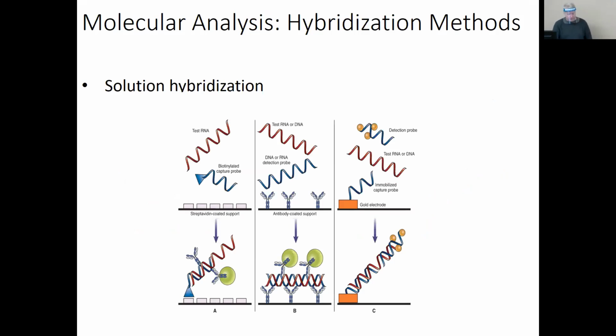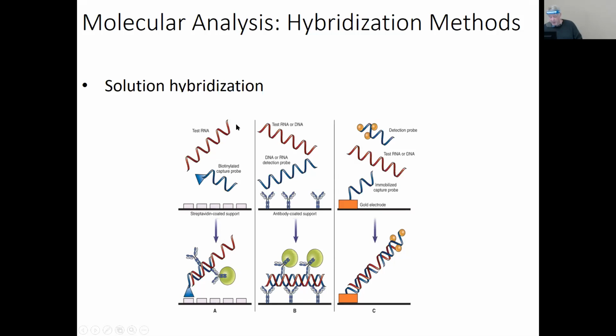This is from your book too. This is on page 179. This is solution hybridization. You see we have the test RNA with a biotinylated capture probe. So here's a probe. If we wanted to say this was our COVID test RNA, we would put a capture probe, and this one's using a streptavidin-coated support.